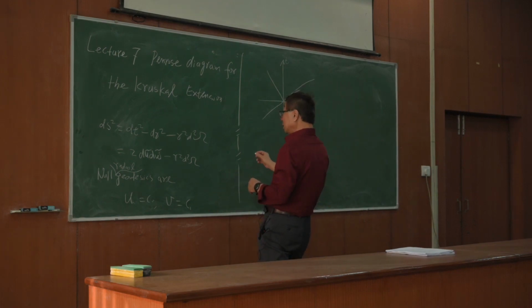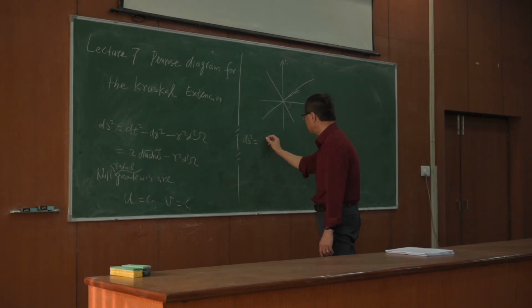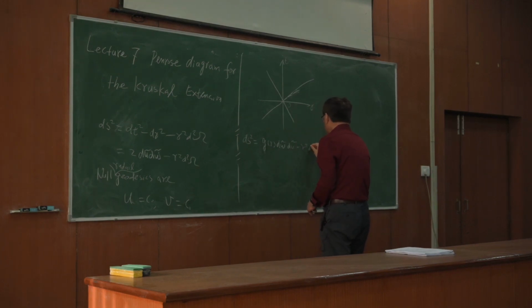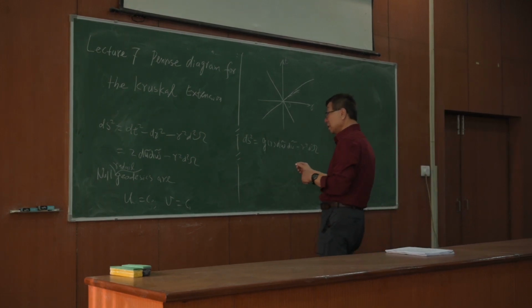Now, you can imagine if I have, let's say, a Schwarzschild solution, I have this, now I use G, R, dw dv minus r squared d omega squared. In this case, you see the same.